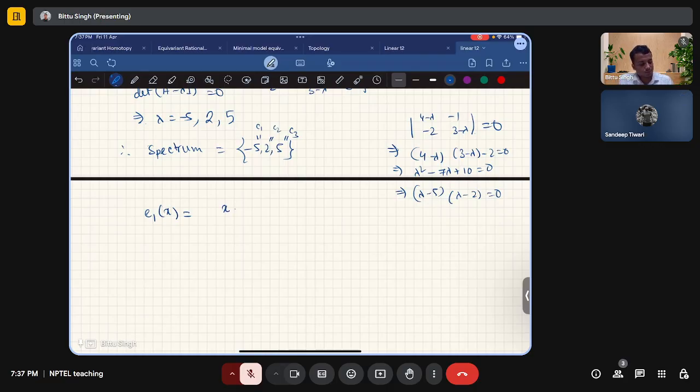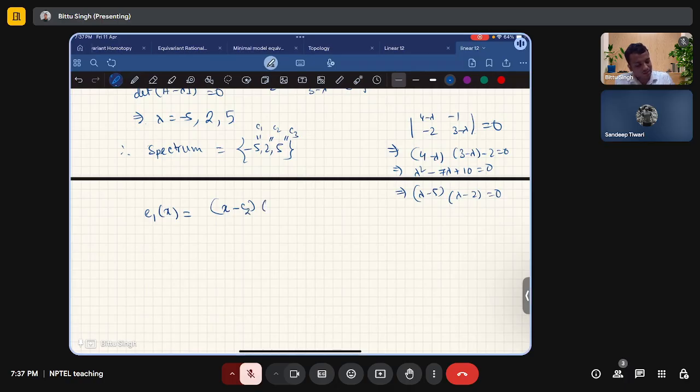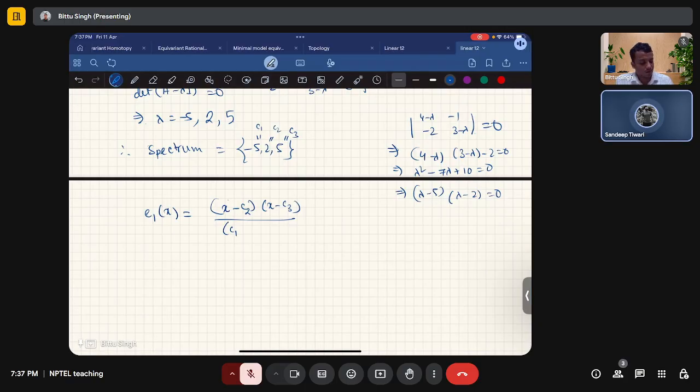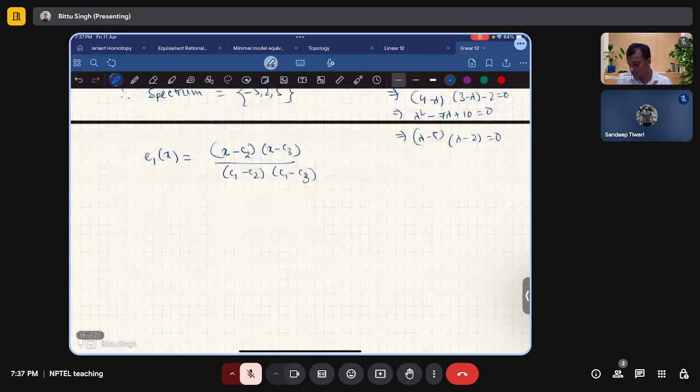X minus Ci, so there will be C2 and C3 terms because i is not equal to 1. And now we just replace C1 minus C2, C1 minus C3. Yeah, C1 minus C2. So we need to calculate all those things. So that's the difficulty, well not difficulty but lots of calculation.